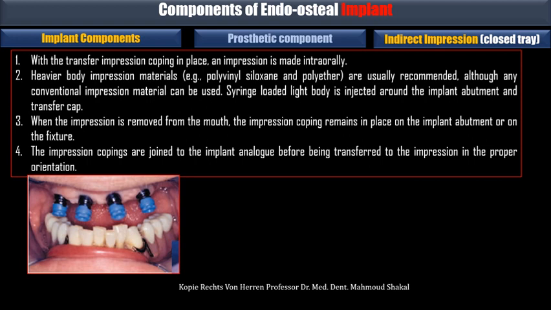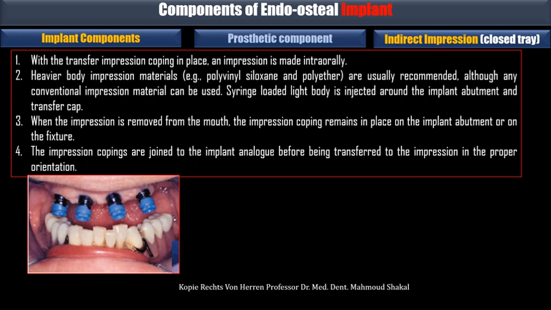Syringe-loaded light body is injected around the implant abutment and transfer cap. When the impression is removed from the mouth, the impression coping remains in place on the implant abutment or on the fixture. The impression coping is joined to the implant analog before being transferred to the impression in the proper orientation, as you see here.